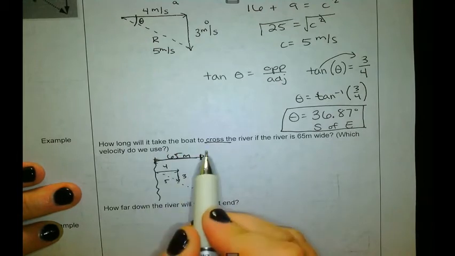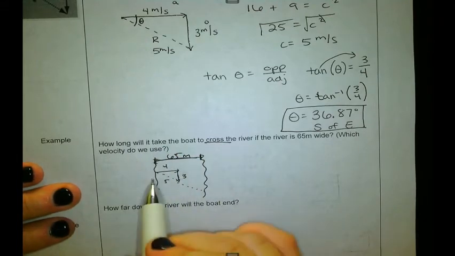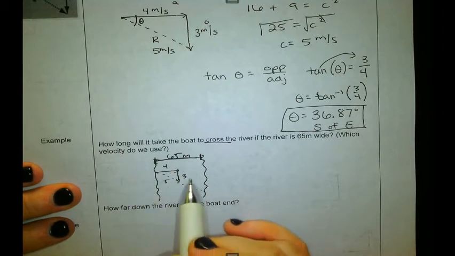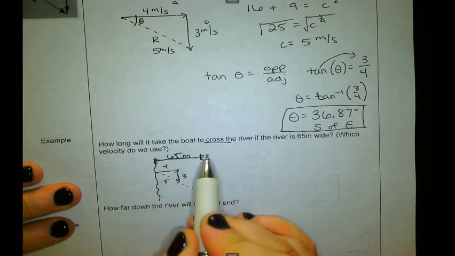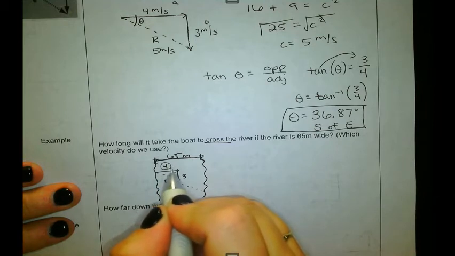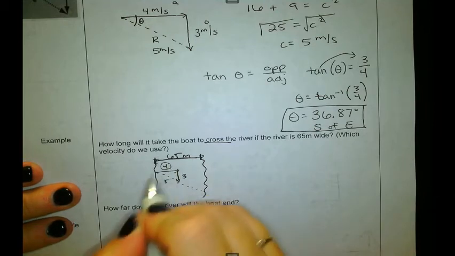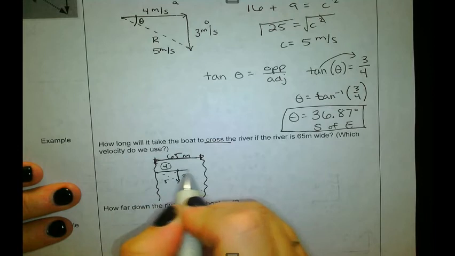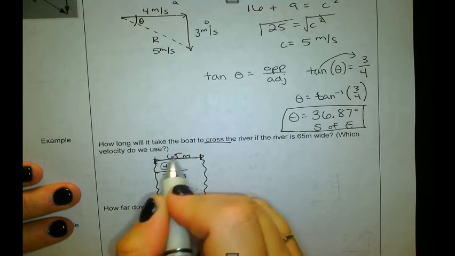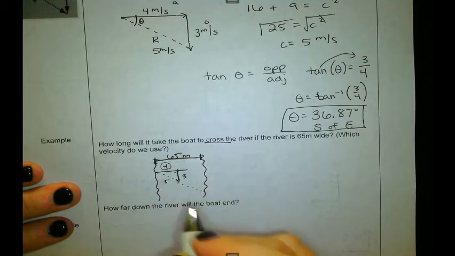Which velocity is taking me across the river, or in the same direction as this displacement? That answer is 4. 4 meters per second is as fast as my boat can go straight horizontal. That's what's taking me across the river with the same direction as the displacement of 65.